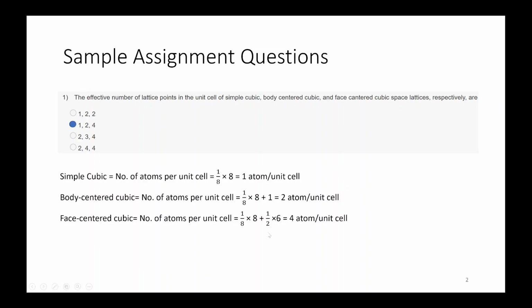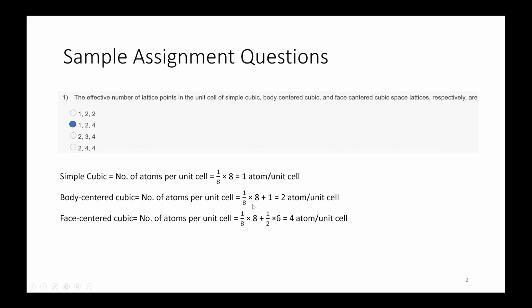You can solve this by simply taking, in case of simple cubic, atoms at the corner of the unit cell. One cube is shared by 8 unit cells, so 1/8 atom will be inside this cube and it has 8 corners.